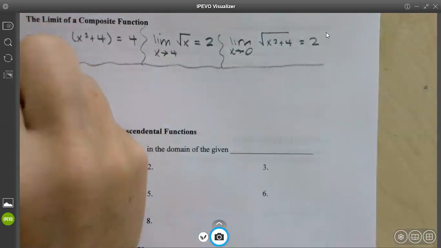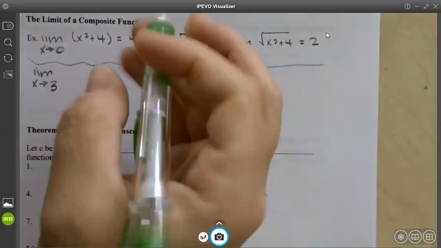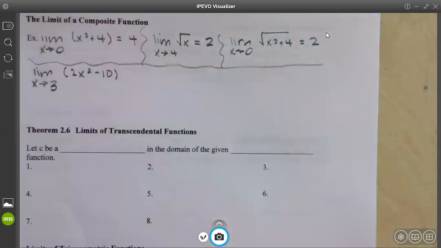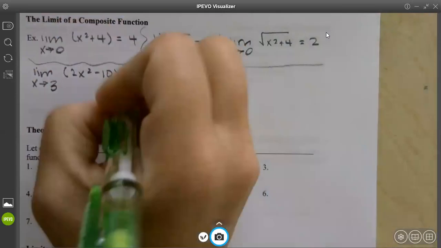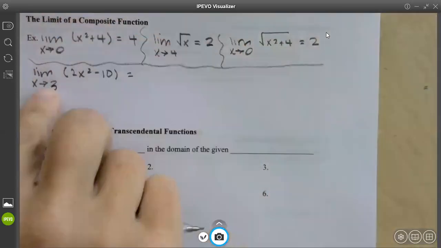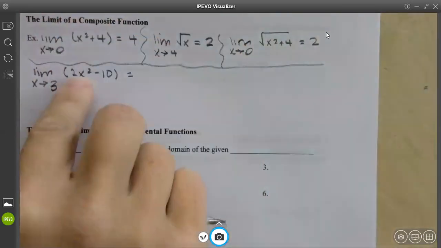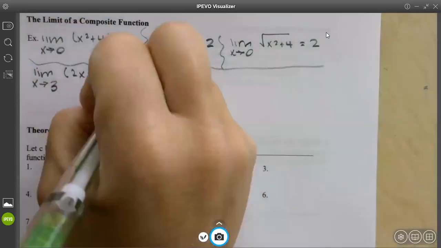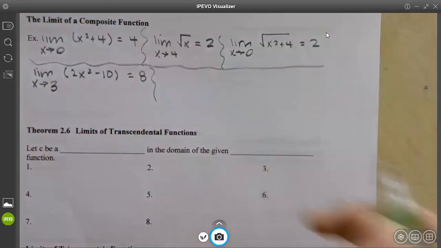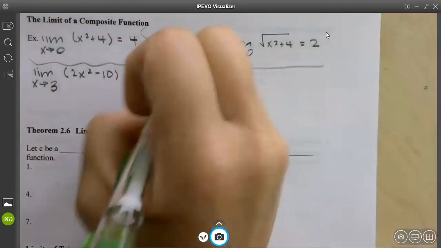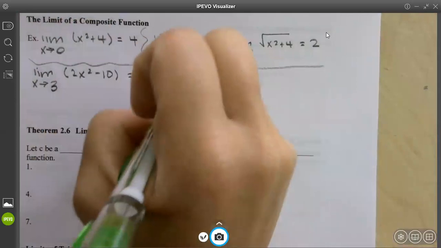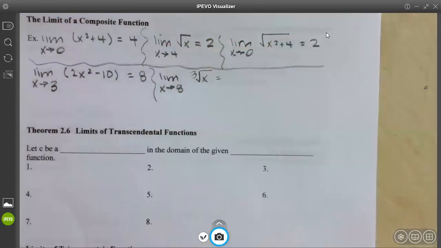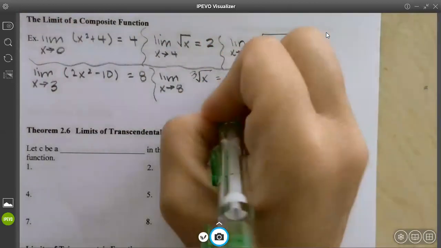The limit as x approaches 3 of 2x squared minus 10. Literally plug it in. What's 3 squared times 2 minus 10? That's it, yeah. Your next one, the limit as x approaches 8 of the cube root of x. The cube root of 8 is 2.